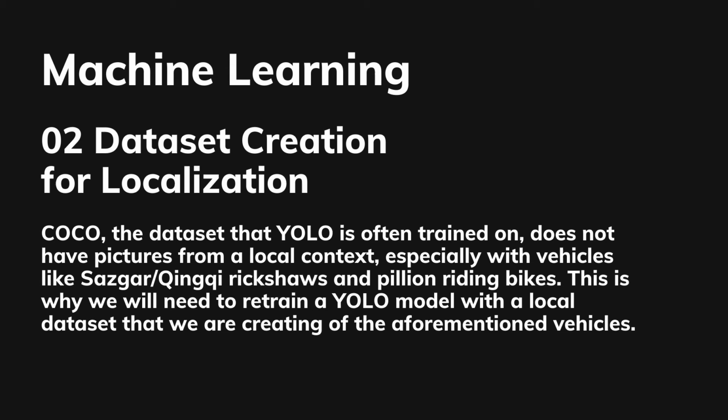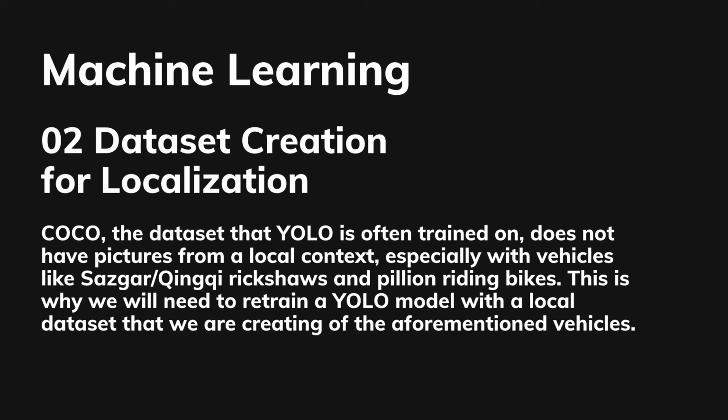While the person model works really well, we noticed that we will have to create our own dataset to enable localization because COCO, the dataset that YOLO is often trained on, does not have pictures from a Pakistani local context, especially with vehicles like rickshaws and chingchis and bikes that have double and triple the amount of people riding on it.